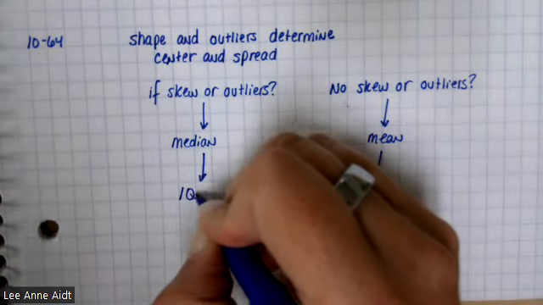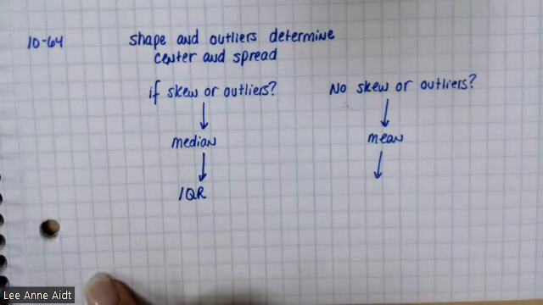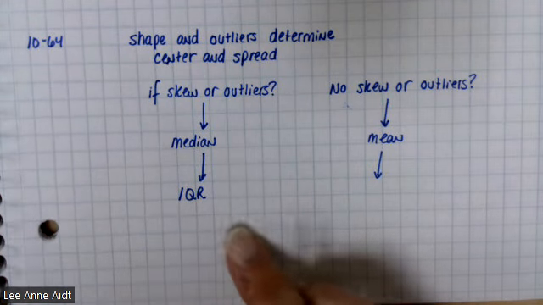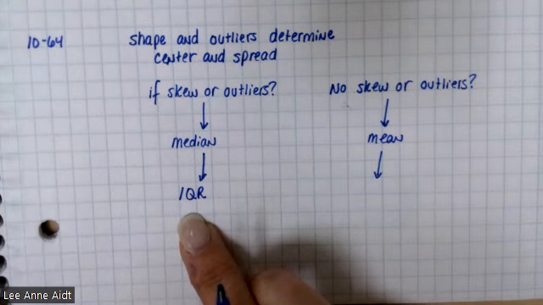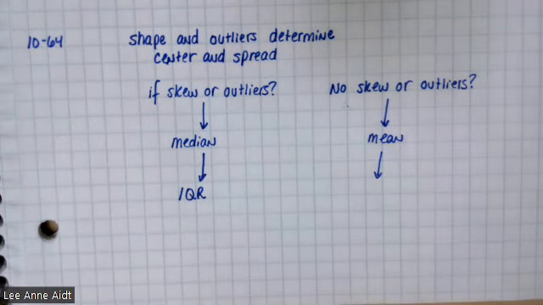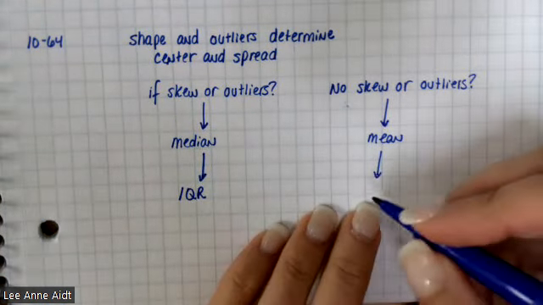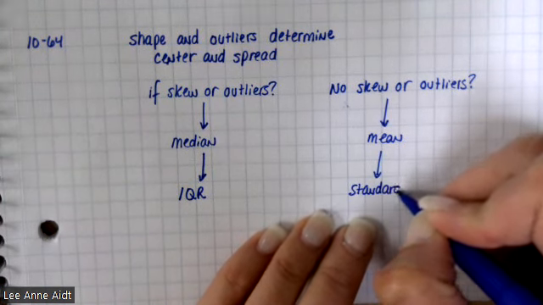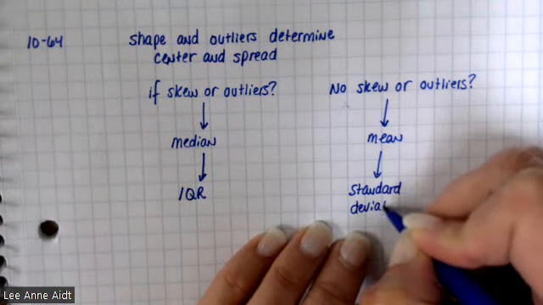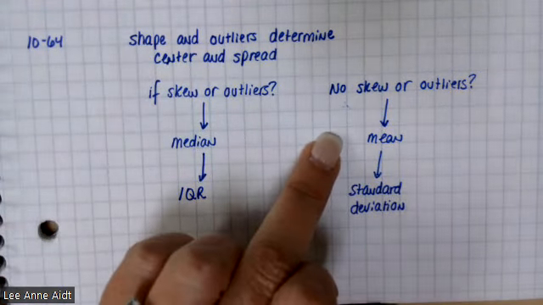IQR. Okay. Why does it make sense to use the IQR if you're using the median? Don't you need the median? You need the median to make the IQR because you go to the median and then you find the quartiles. And the mean, its spread is standard deviation. Why does it make sense to use standard deviation with the mean?